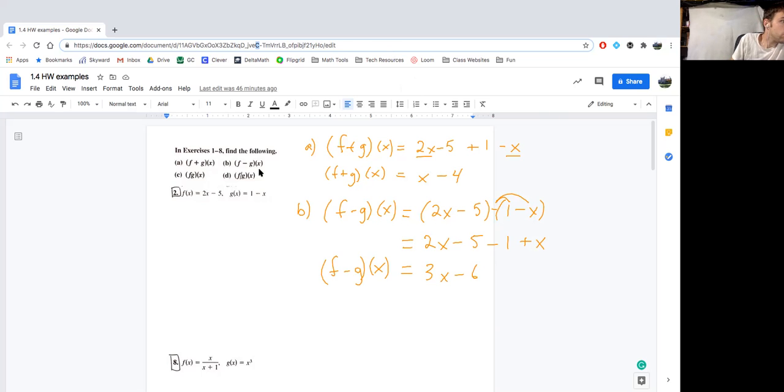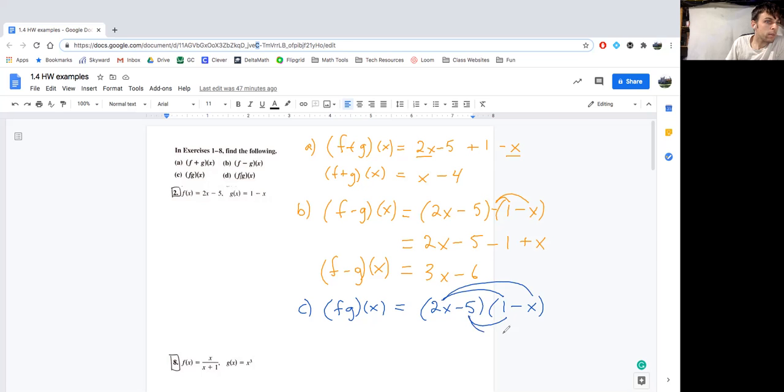All right, two more here. We're going to go ahead and do the product of these two functions now. So f times g of x. That really just becomes these two things multiplying together. I want to make sure that we are distributing properly. So we're multiplying the 2x times both of these, and then the minus 5 times both of these. So 2x times 1 is 2x. 2x times minus x is minus 2x squared.